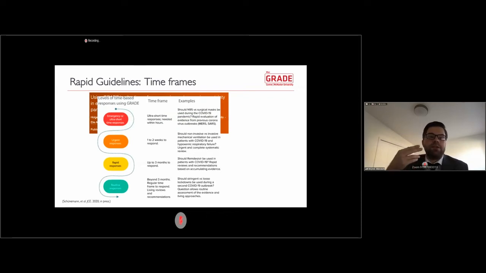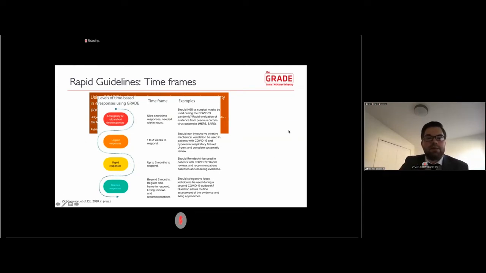So there are those emergency or ultra short time responses that are within hours, urgent responses that would occur within 1 to 2 weeks, rapid responses that would occur within 3 months, and then the routine responses that may take up the regular time and take more than 3 months.